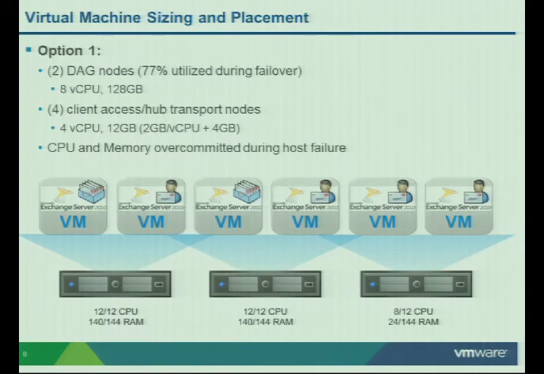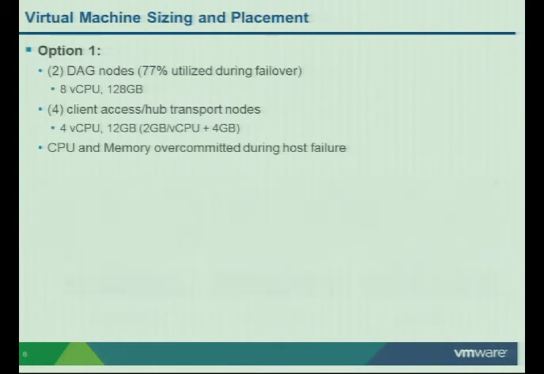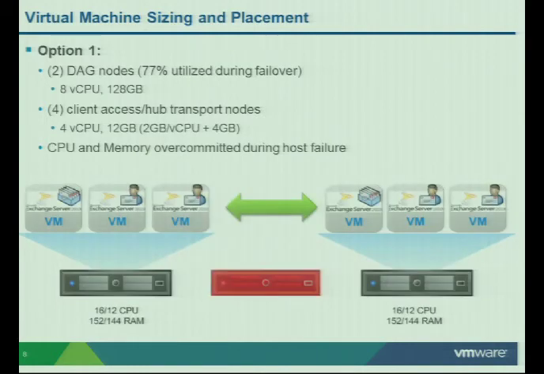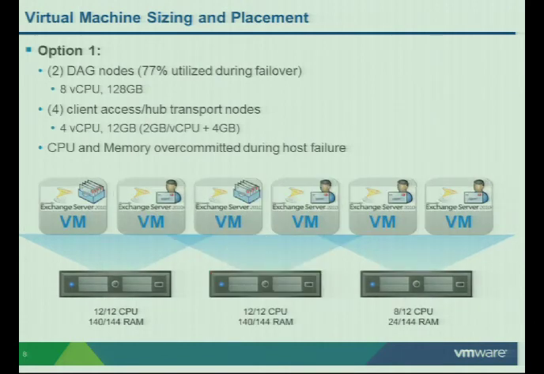Just as few virtual machines as possible, as few vSphere hosts as possible. The problem here is that although during normal runtime, I actually have some compute resources left over, if I have a failure, I'm going to be in an overcommitted situation. Now, I can actually go back to this scenario.